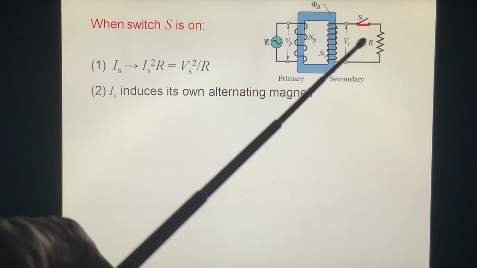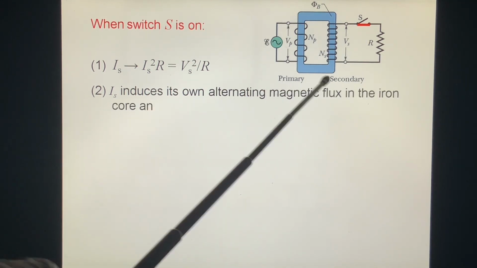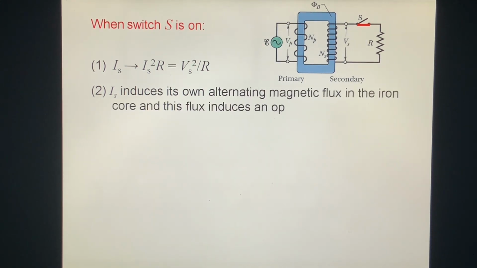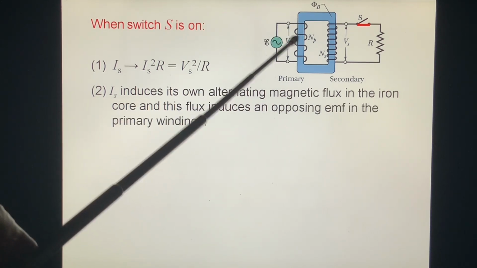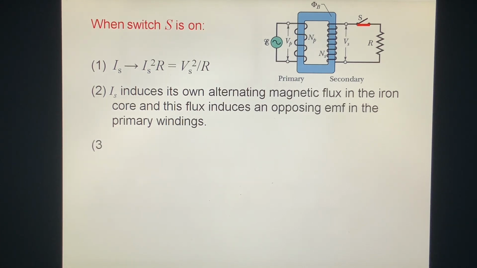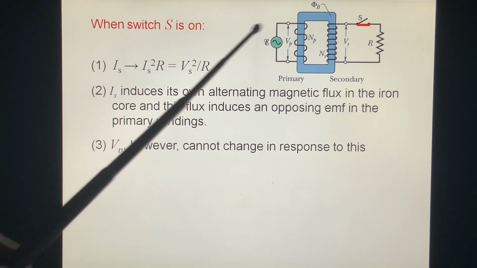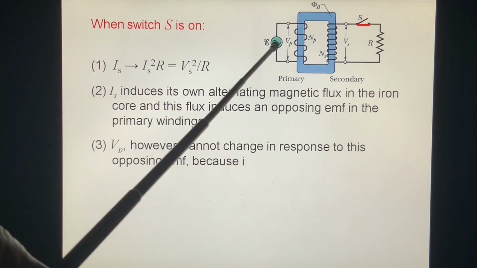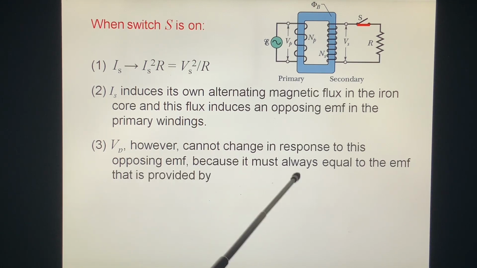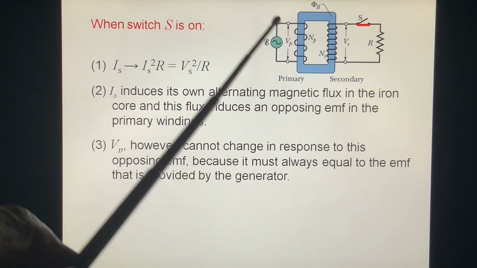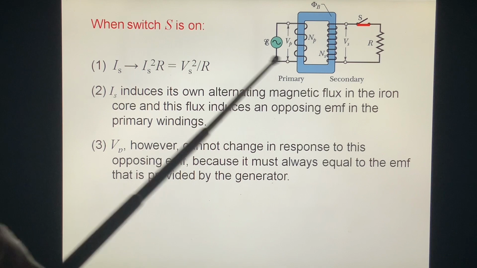Is induces its own alternating magnetic flux in the core, and this flux induces an opposing electromotive force in the primary windings. Vp, however, cannot change in response to this opposing electromotive force because it must always equal the electromotive force provided by the generator.